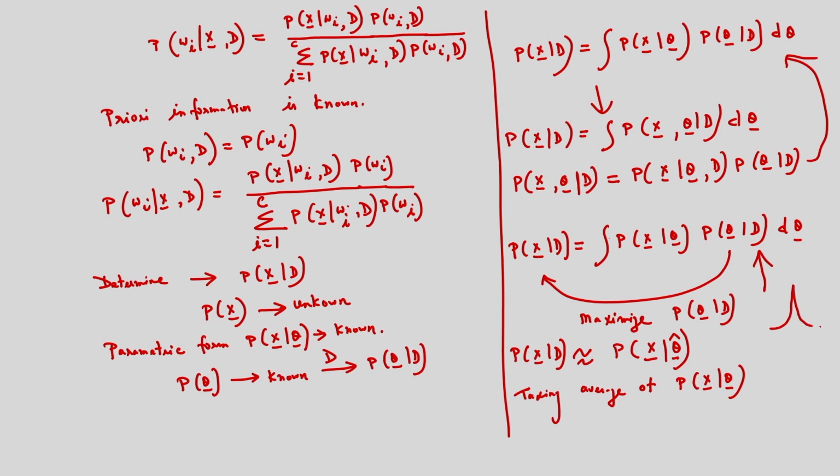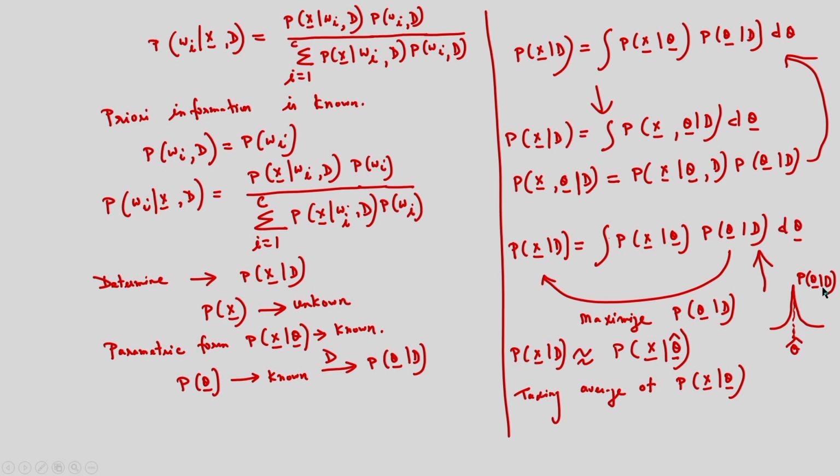So it will be a Dirac delta function corresponding to the estimated value of theta. So this is the approximate value of theta. So I have to maximize this probability of theta given D.